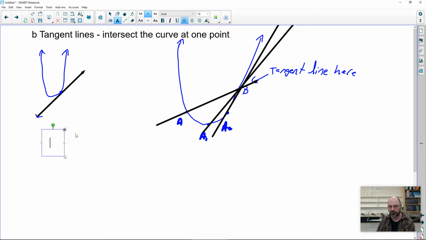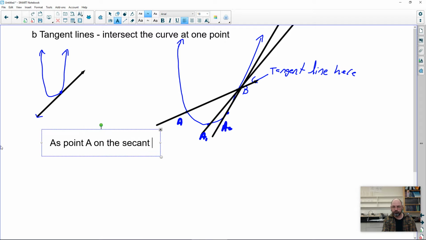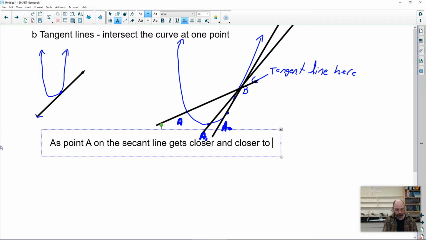we can say that as point A on the secant line gets closer and closer to point B, the secant line's slope becomes closer to the tangent line slope.